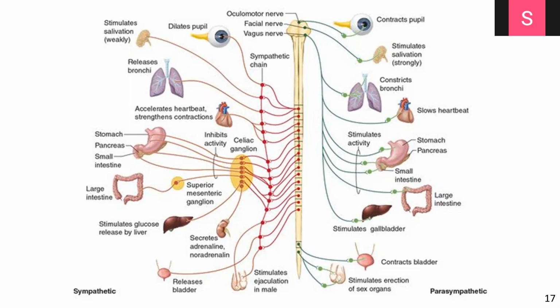And anatomically, the sympathetic preganglionic neurons, the cell bodies of which are located within the central nervous system, originate in the lateral horn of the 12 thoracic and the first 2 or 3 lumbar segments of the spinal cord.